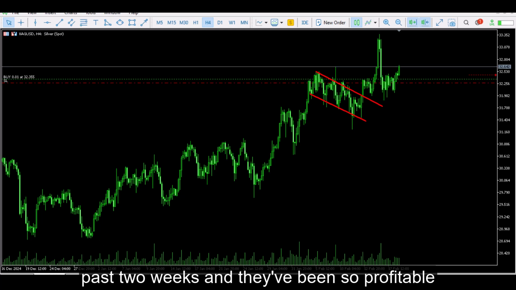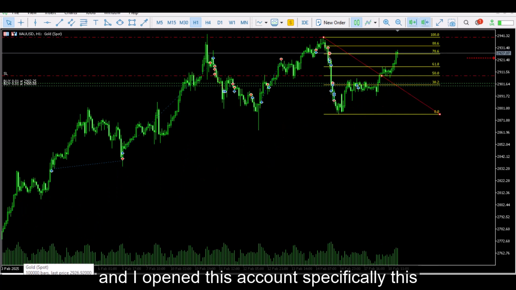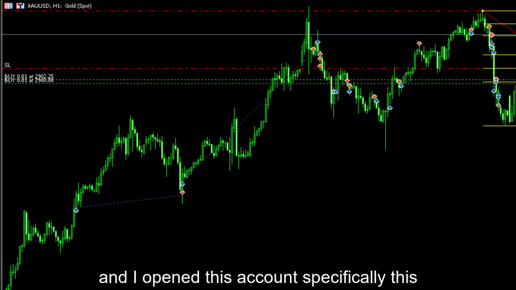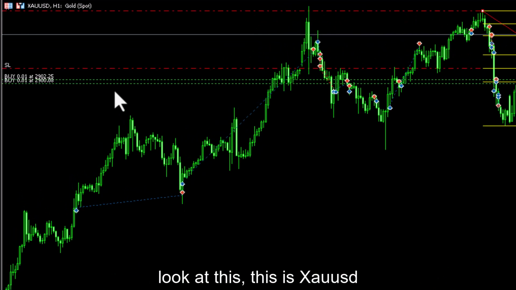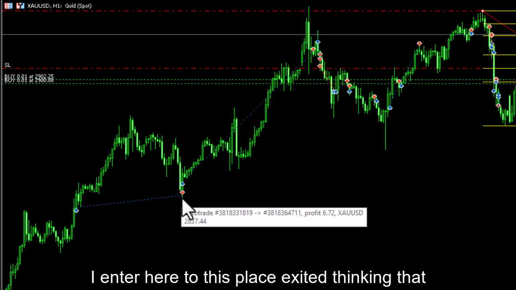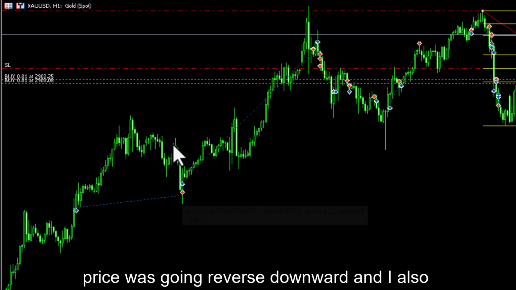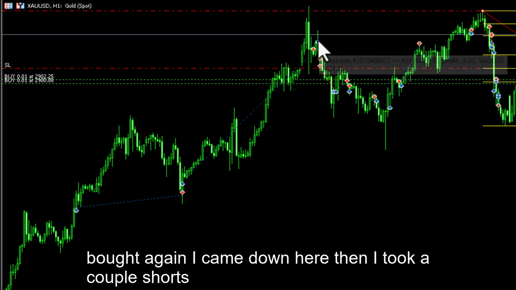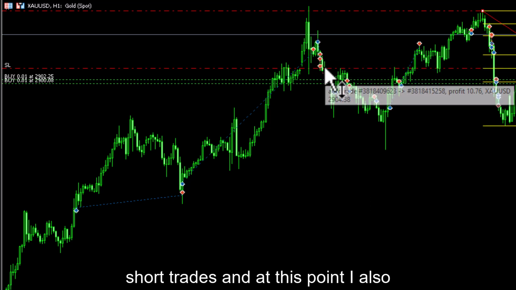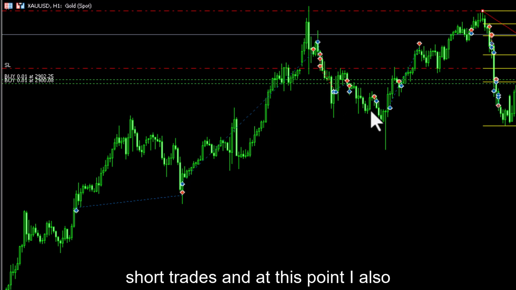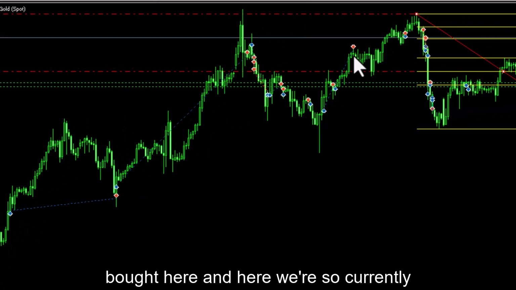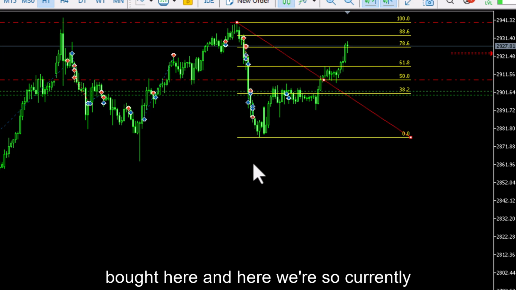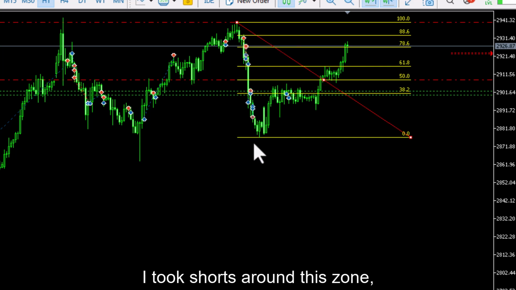I opened this account specifically because of this, and you can look at this. This is gold USD. I entered here to this place. I exited thinking that price was going to reverse down, and I also bought again. I came down here, then I took a couple of short trades, and at this point I also bought here, and here we are. So currently I took shots around this zone.